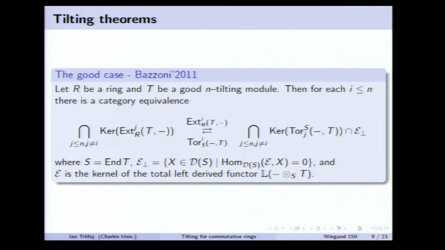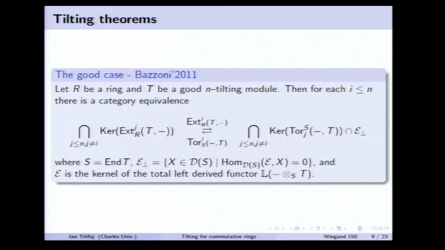Namely, you take the kernel of the total derived functor of the tensor product, T over S, and then you take those complexes which have no homomorphisms from the derived category to X. And so this is smaller, and you need a good tilting module for that.